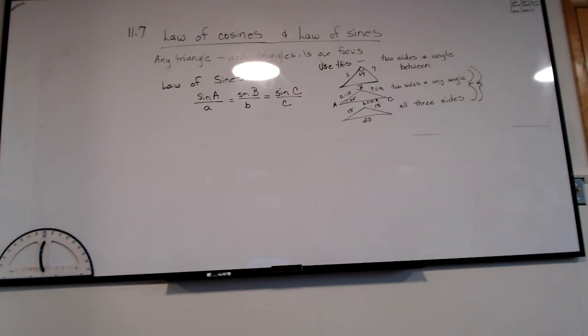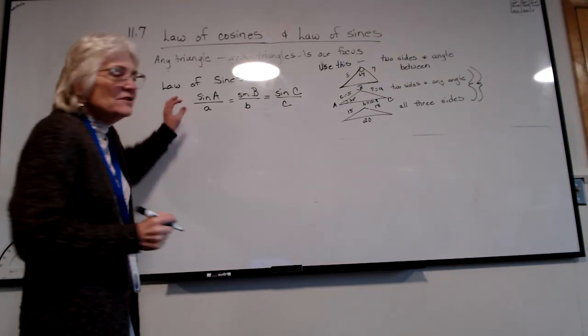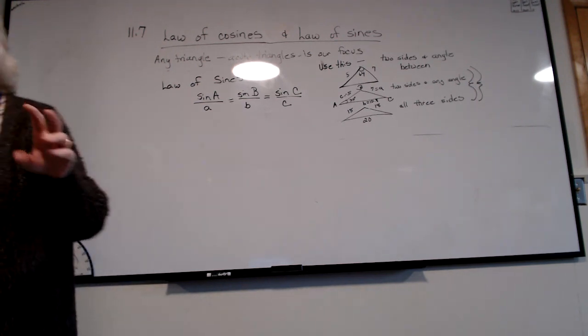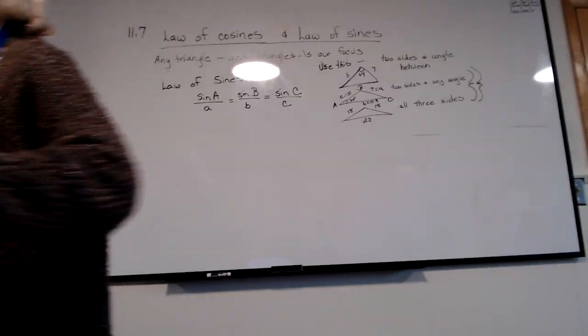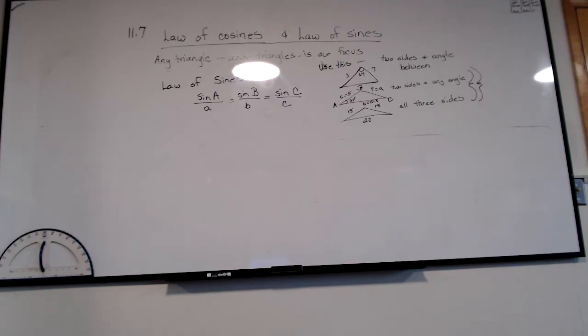Okay? That is a true statement. This one, however, can produce different things, and you have to know which one you're using as far as if you get a larger answer or a smaller answer, the acute versus the obtuse.